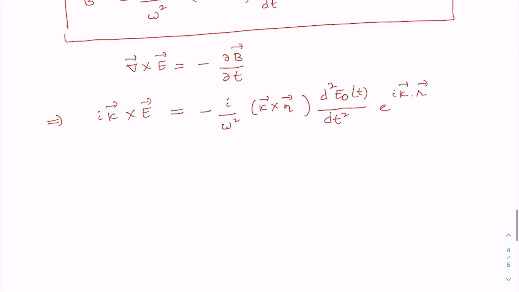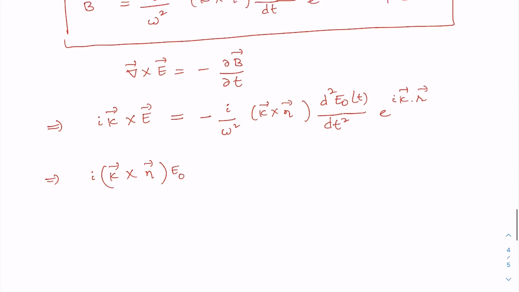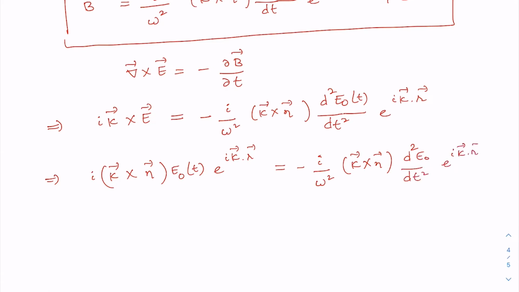Then I can also write it as i k cross eta, E0 t e to the power i k dot r, and on the other side I have minus i by omega square, k cross eta d2 E0 dt2 e to the power i k dot r.